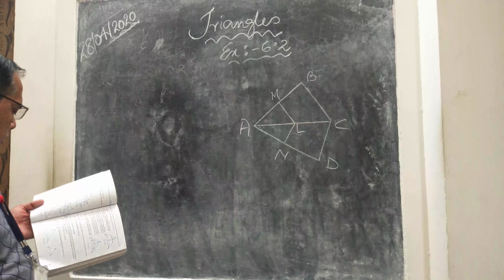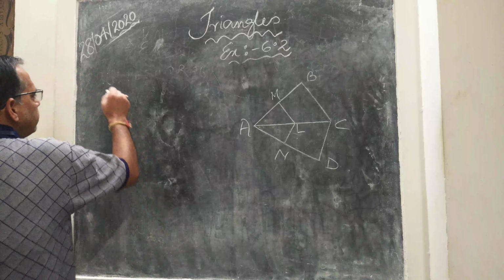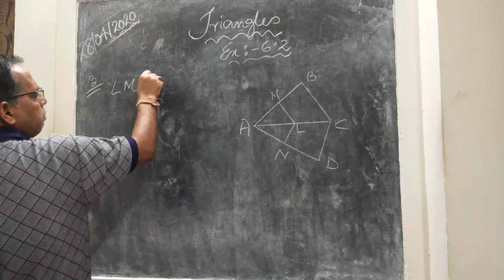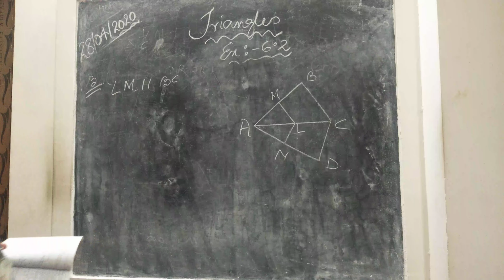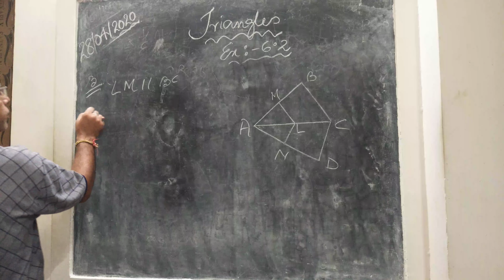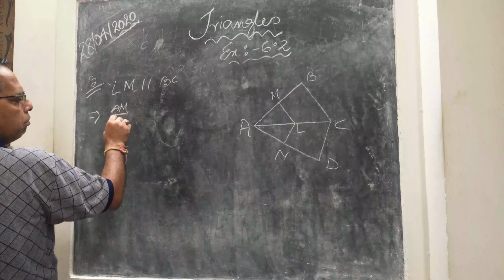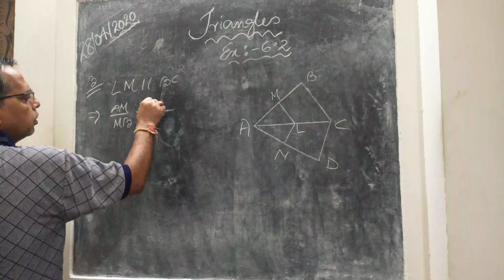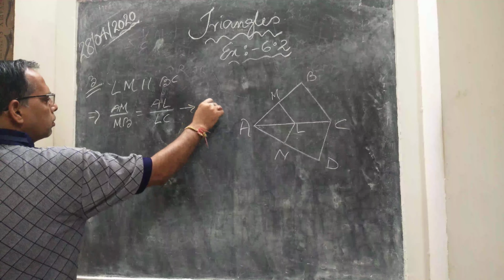Okay. Now what you have to do? It is given that LM parallel to BC. If LM parallel to BC, then what will happen? AM by MB equal to AL by LC. This is equation number 1.